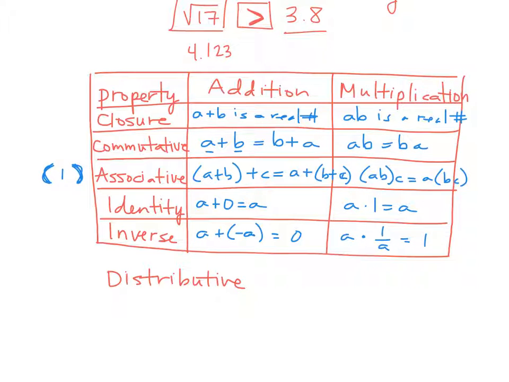So when you multiply A times its reciprocal, you get a 1 back every time. The only time that doesn't work is if A equals 0, because then you'd be dividing by 0. Distributive property, this is the one we talk about all the time in Algebra 1. Distributive says A times B plus C becomes A times B plus A times C.